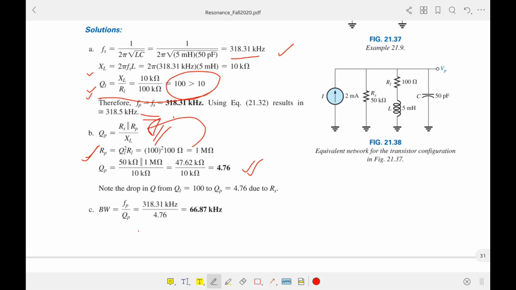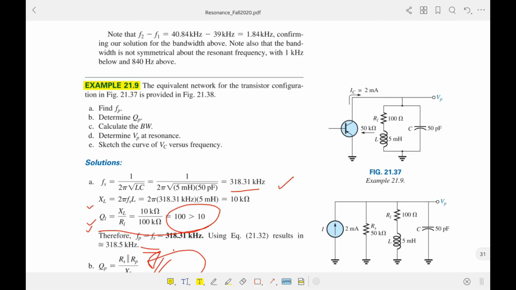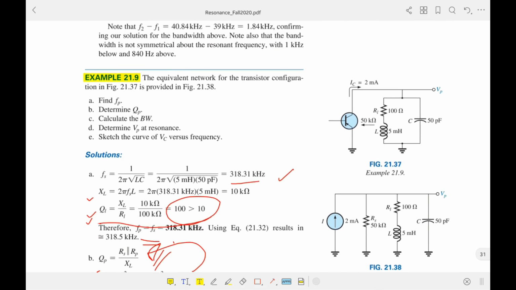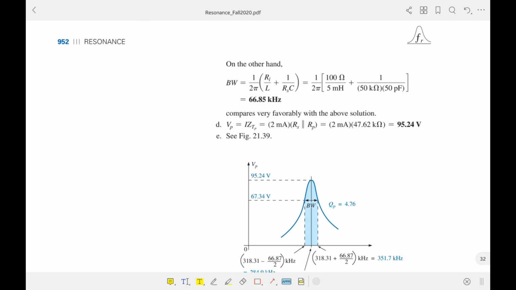And then the bandwidth is calculated, with similar formulas. And you also need to determine the parallel voltage, that is Vp, and also sketch the curve of Vc versus frequency. So Vp, previously it was also calculated in other math, is just the current multiplied by impedance, right? So impedance is just RS parallel RP, and then you can calculate.